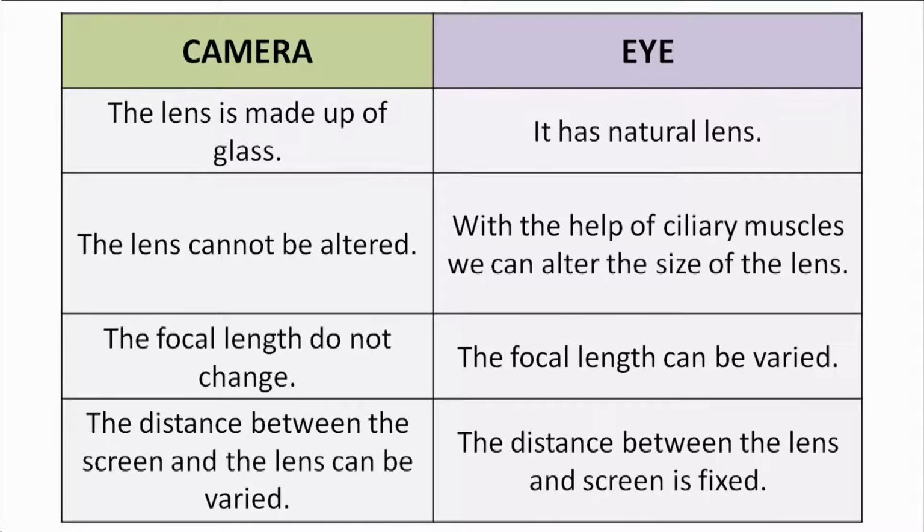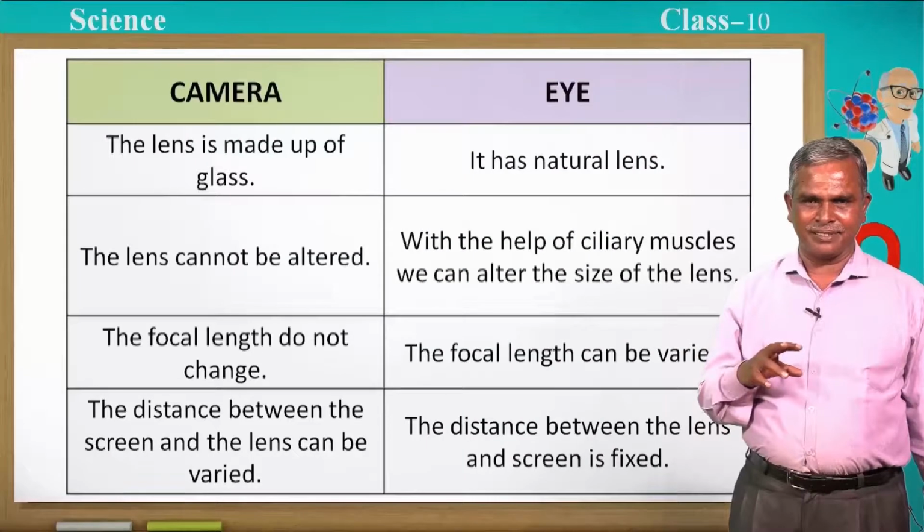The distance between the screen and the lens in the camera can be varied often to get a clear image of far away and nearby objects. But in the human eye, the distance between the lens and the retina is always fixed and cannot be altered under any circumstances.